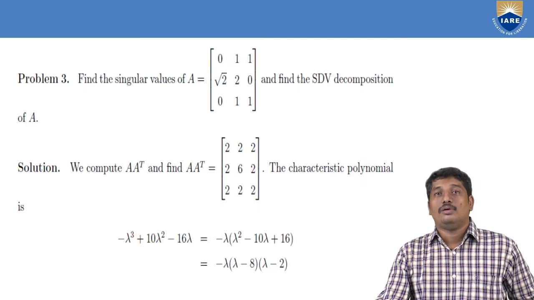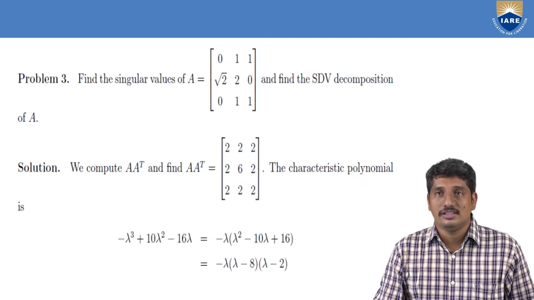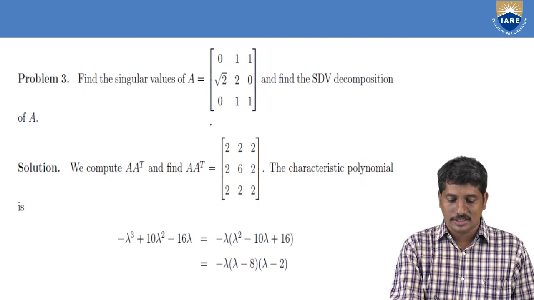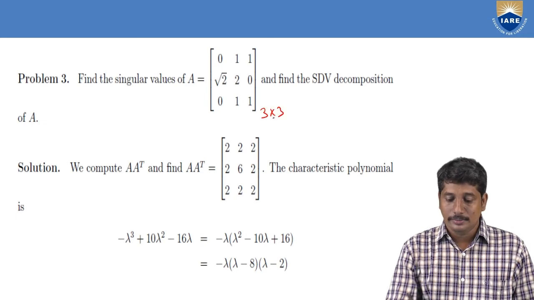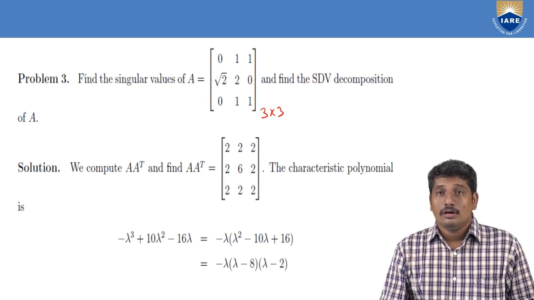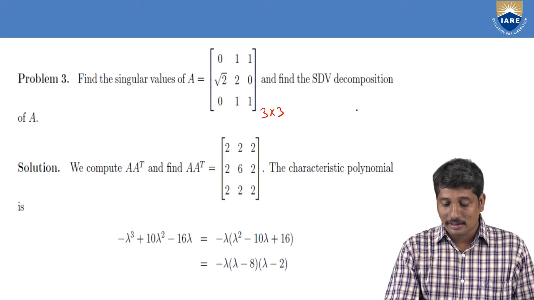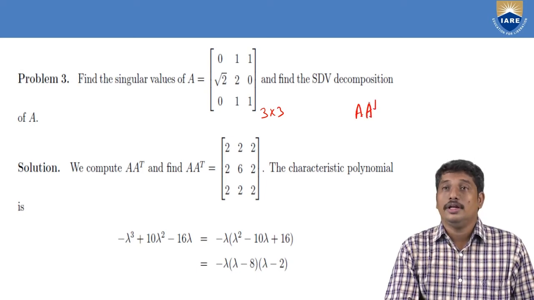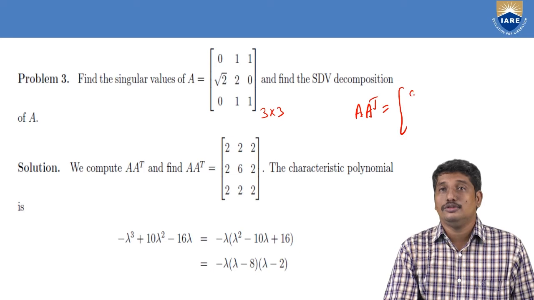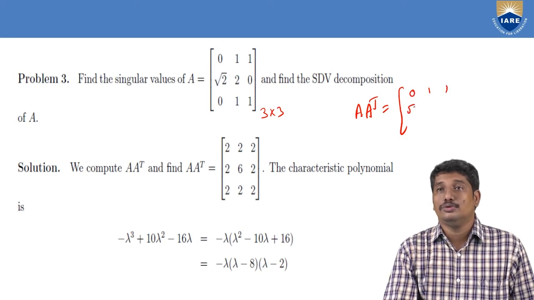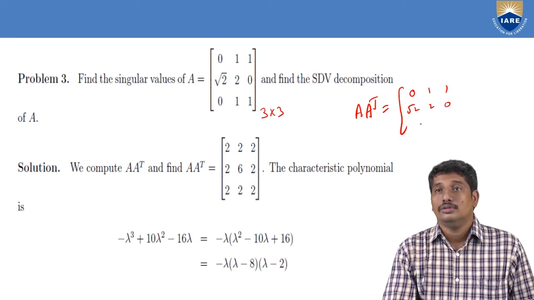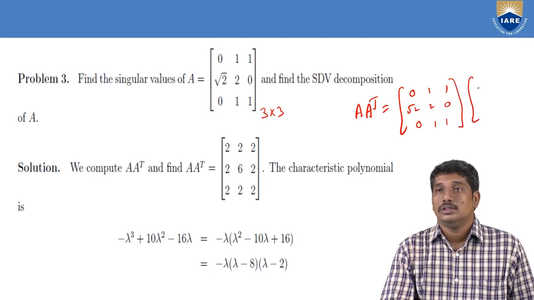Okay. Now we are going to see the singular value decomposition of a given matrix A, which is of order 3 by 3. For this, we need to calculate A into A transpose. A into A transpose is the matrix 0, 1, 1; root 2, 2, 0; 0, 1, 1 times its transpose 0, root 2, 0; 1, 2, 1; 1, 0, 1.